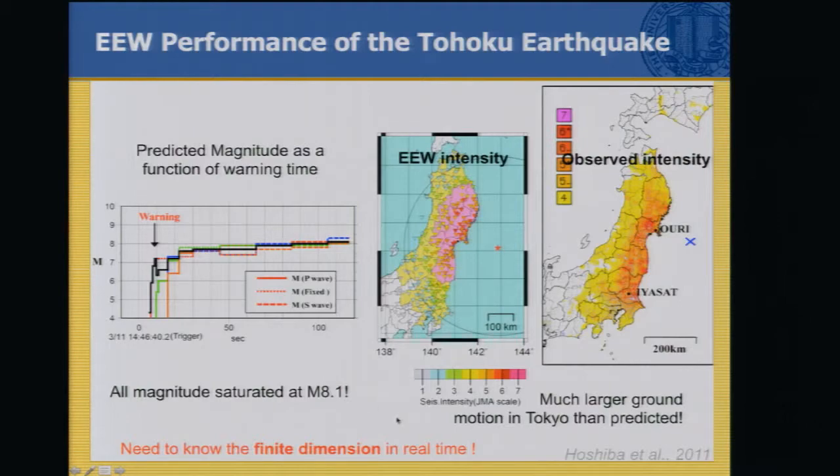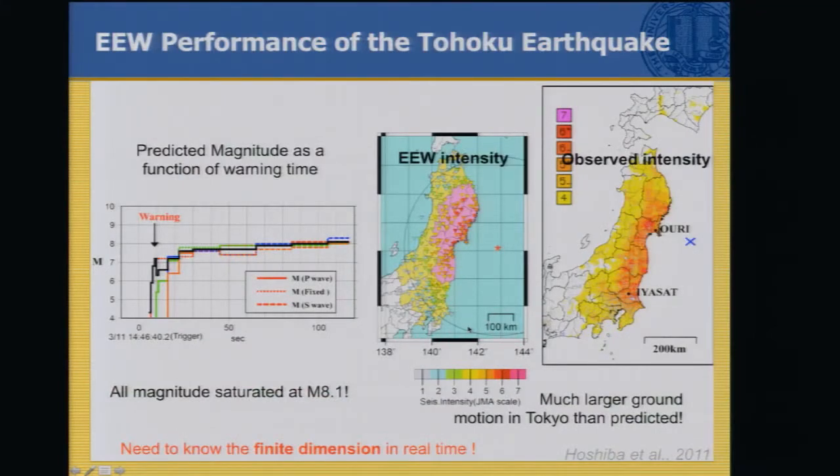So it really tells us that there are limitations to the current earthquake early warning systems using only point source assumptions. On the right side is the comparison of the earthquake intensity predicted by the JMA and the actual ones. You see that by ignoring these finite dimensions, you underestimate the ground motions in the contour region. So we really need to have finite dimensions in the real-time system for earthquake early warning.